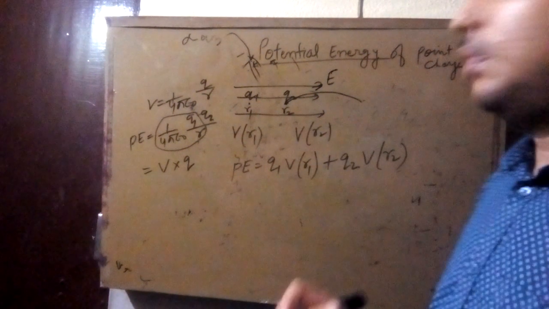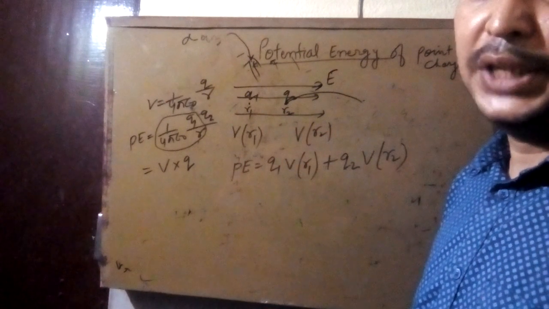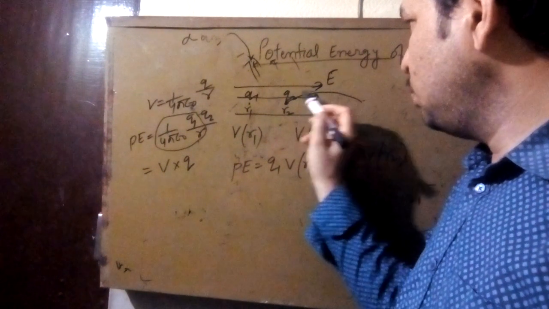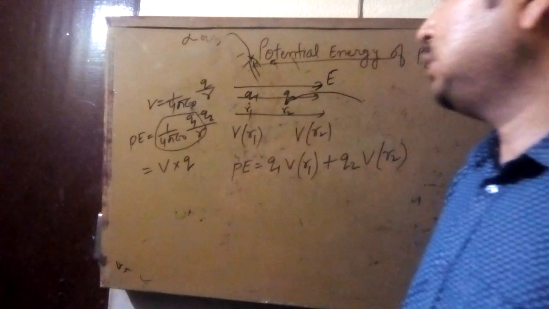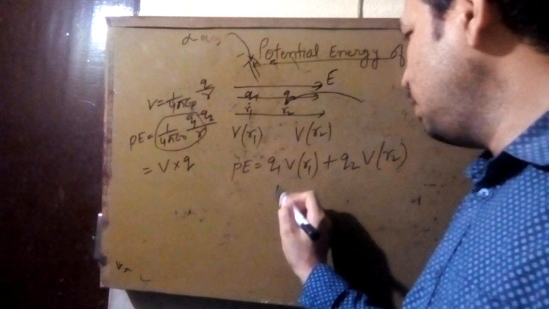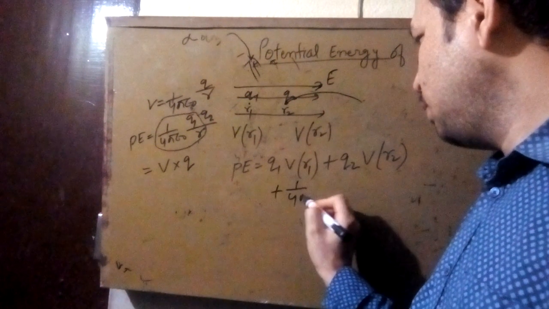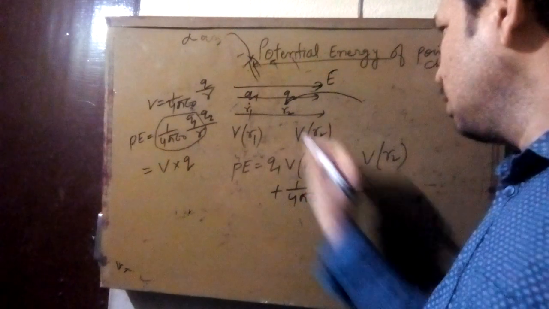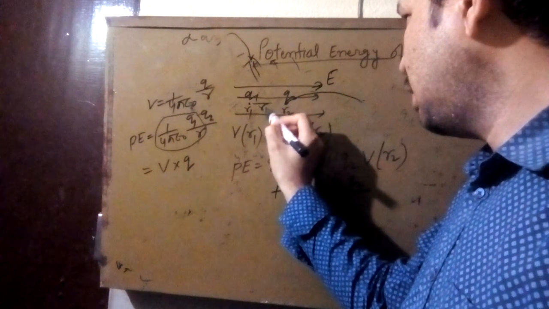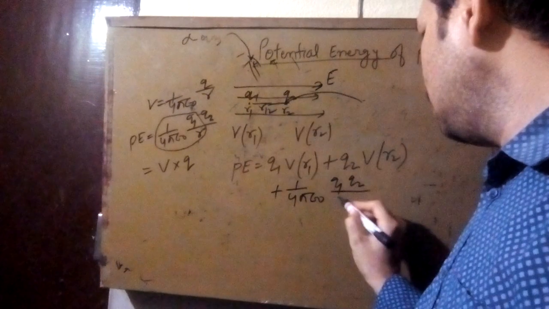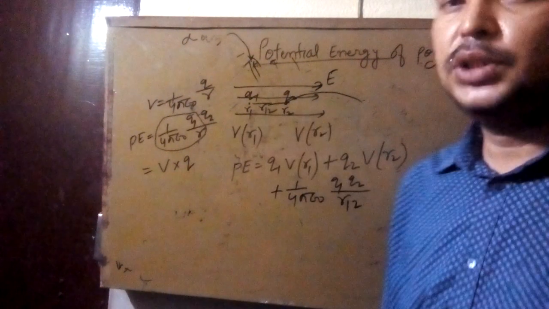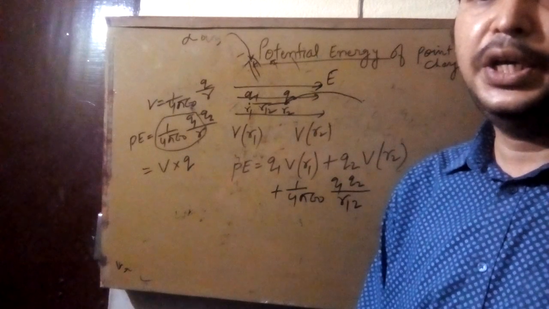Q2 times the potential present inside the electric field. Now what is the work done to bring the charge Q2 from infinity to this point against the electric field of Q1? Already we have calculated 1 by 4 pi epsilon naught Q1 Q2 by, suppose this separation is R12, Q1 Q2 by R12. So this is the total potential energy of two point charges in an external field.